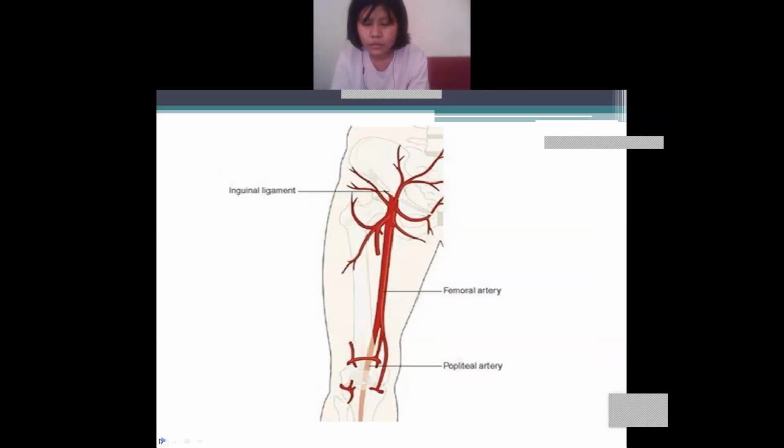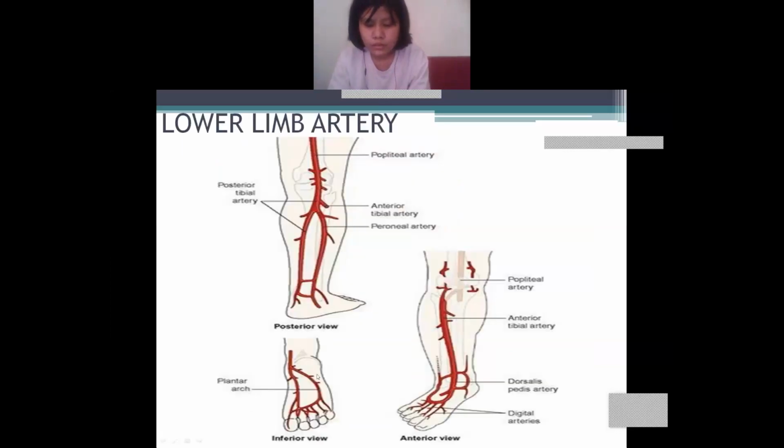This is the plantar arch. And from the plantar arch, if we go downwards, you will find the digital arteries. This is the end portion of the arteries, you can say. It will end or stop here. That is the digital arteries.